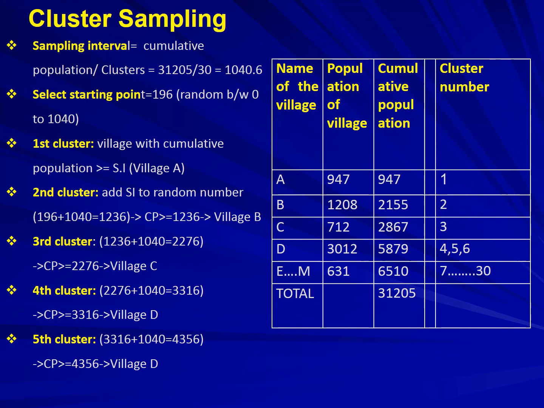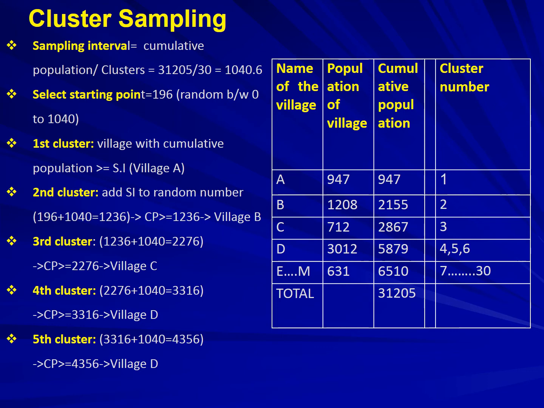Here you have to add the sampling interval, that is 1040, to 196, the first starting point. It will give you the figure of 1236. So whichever village has the cumulative population more than or equal to 1236 will be your second cluster.